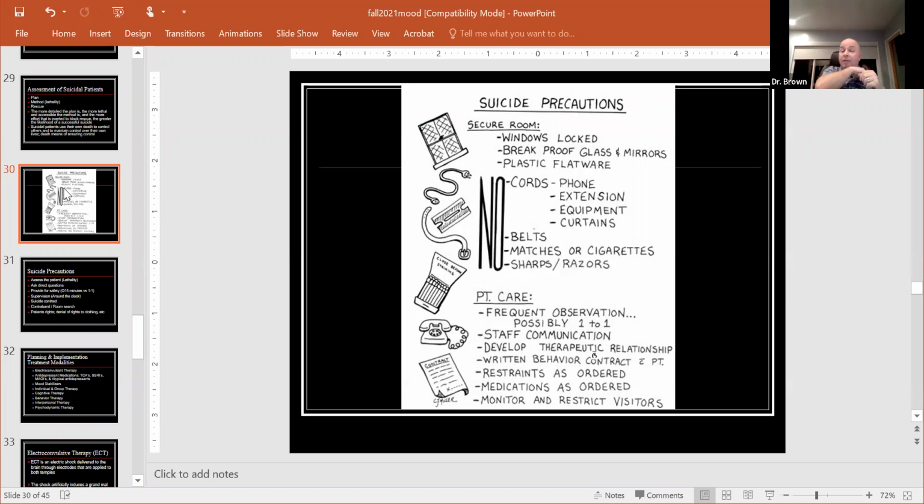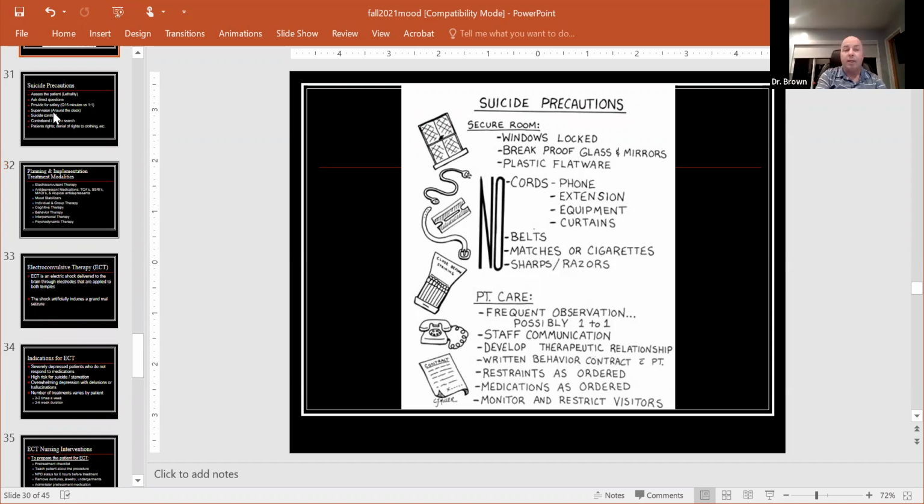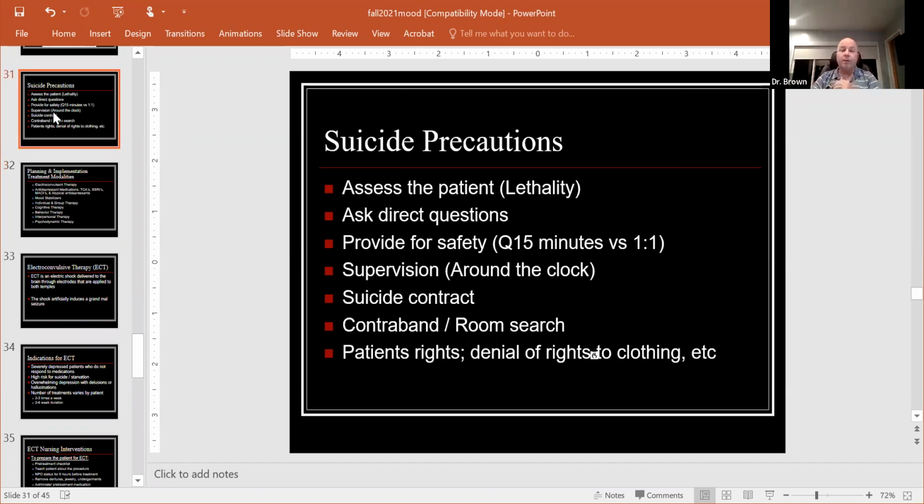They can't have belts, matches, cigarettes. They can shave, but it's 1-to-1, so staff has to watch them. When they have relatives coming, we have to watch them as well. Okay. They can't bring purses on the unit or anything that can cause injury. So some precautions that you want to take.